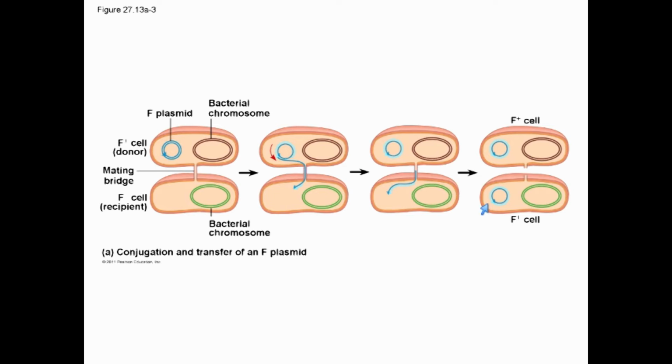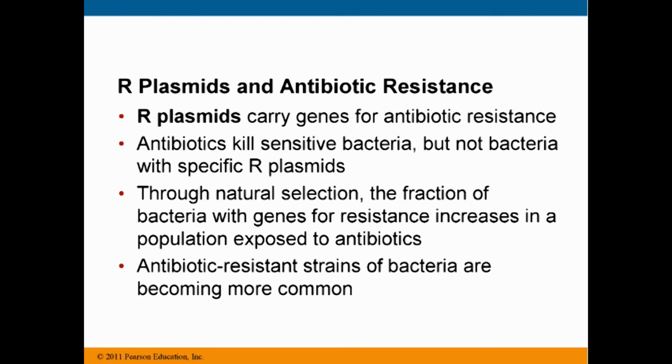Okay, so now we have the F plasmid that has gone from one cell that had it to another cell that didn't. So we've got a transfer of genes on whatever is on that plasmid to a cell that didn't have it before. This is conjugation.